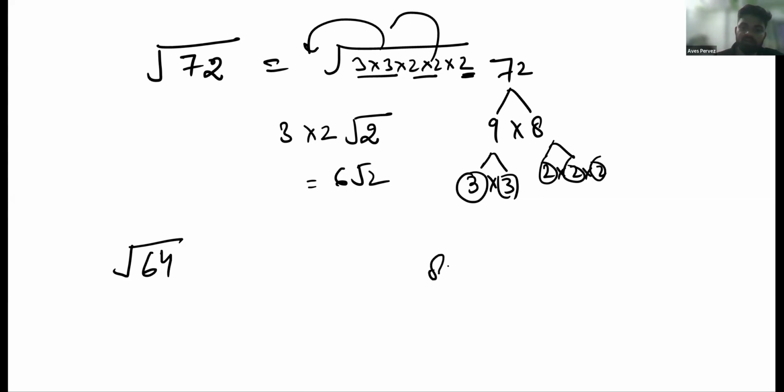Yes, you can write 8 into 8 is 64. Then further split 8 as 2 into 2 into 2. You write it as 8 into 8.